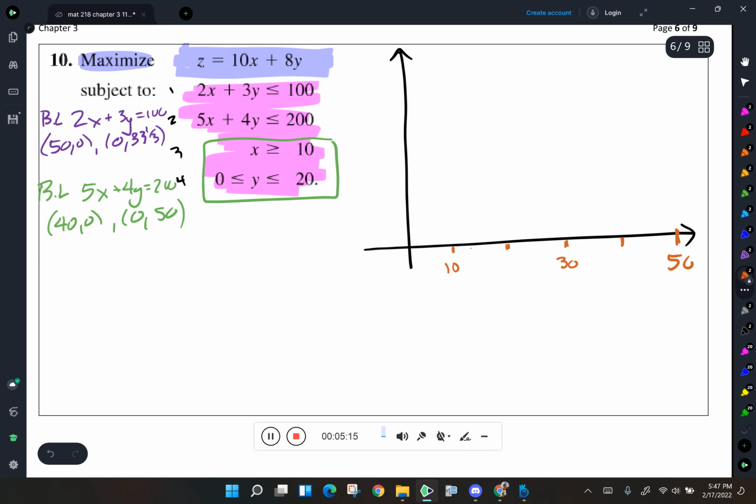My y-axis needs to go up to 50 also, so we'll put 50 up there. And then we've got 10, 20, 30, 40. So then my boundary line for my first one goes from 50 on the x to 33 1/3 on the y.